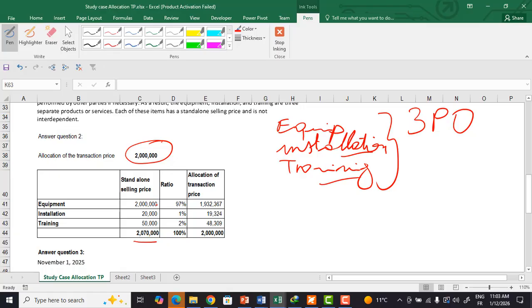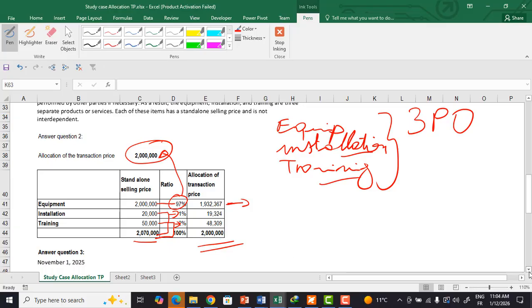We determine this percentage by dividing 2 million by 2,270,000, which gives 97%. The same thing, we divide 50,000 by 2,270,000 and we have 2%, and we should multiply by the transaction price to have the correct allocated transaction price, with the total amount of 2 million.